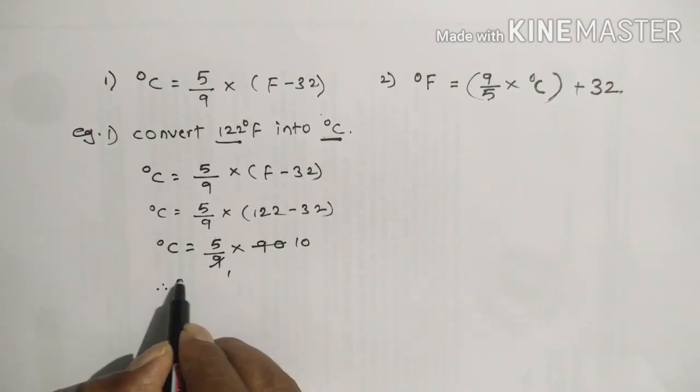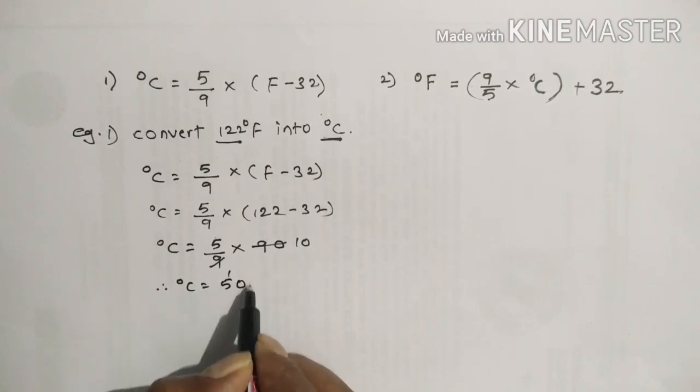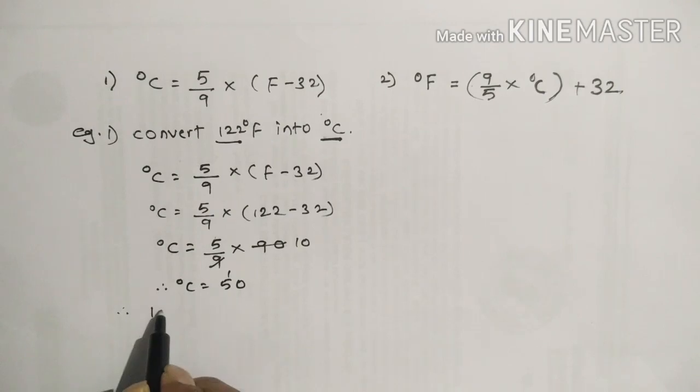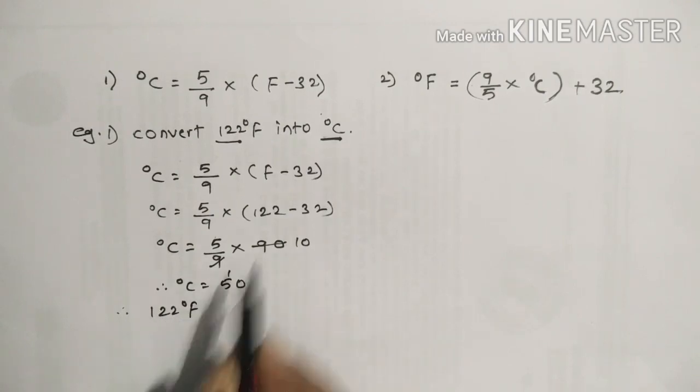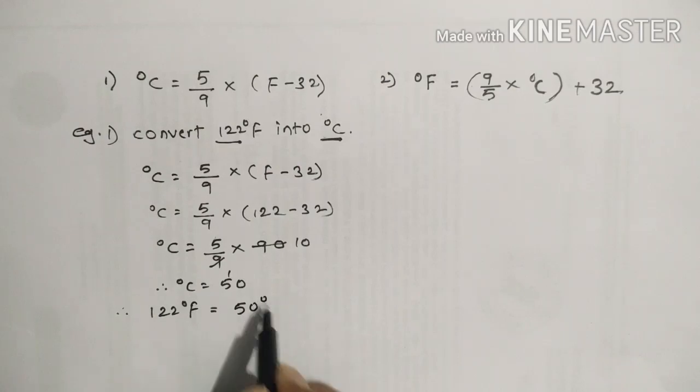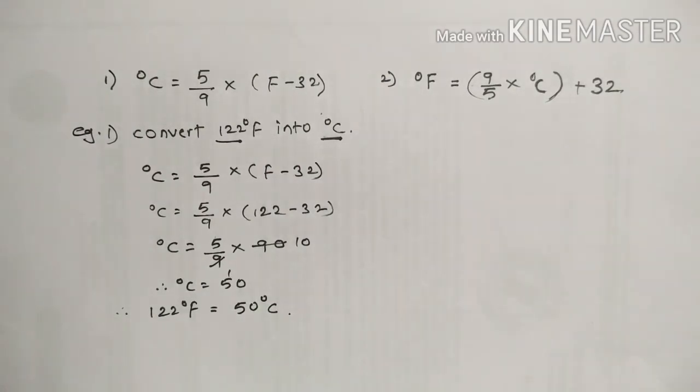Therefore degree Celsius is equal to 50. It means we can say that 122 degree Fahrenheit is equal to 50 degree Celsius. Like this we can solve.